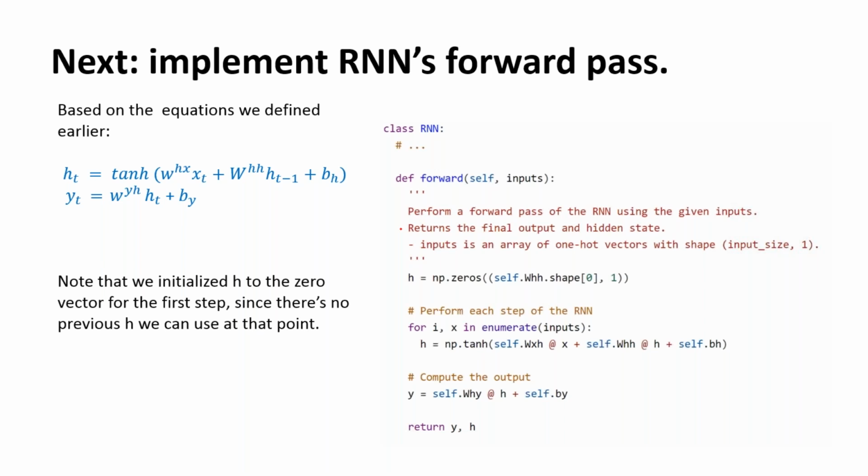So h is defined here. We perform a forward pass of the RNN using the given input, which is an array of one-hot vectors. We already did that: we made those words into one-hot vector inputs and pass them into our enumerate function. So if you see here, np.tanh of self.Wxh, which we already defined, plus self.Whh plus the bias. This is the forward pass that goes into my implementation.